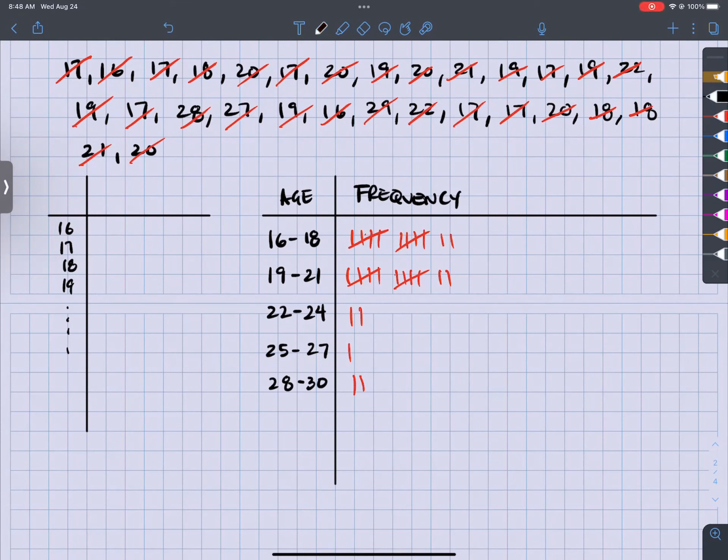Now I can write down what each one is. Except I wrote them really, really big.